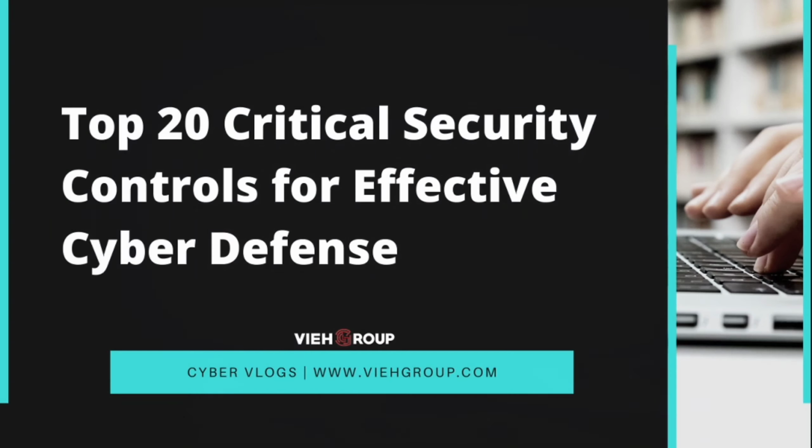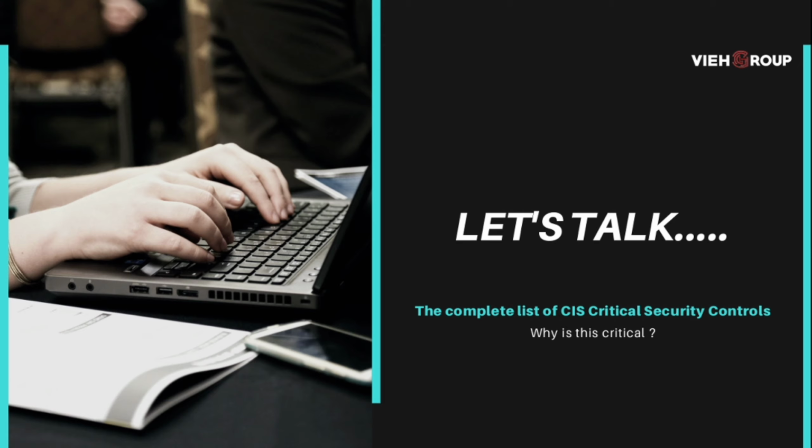So at first let's discuss a little bit about today's topic, basically what we are going to cover and what is basically this term called CIS critical security controls. As we all know, with data breaches increasing more than ever, organizations have to ensure that they have all necessary security controls in place to keep their data safe.